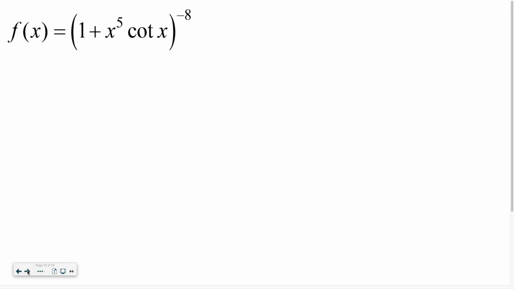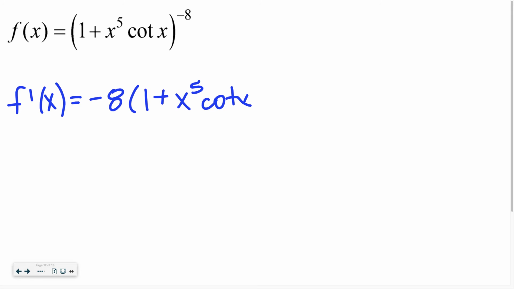Do you see that? X to the fifth times cotangent. So, when we take our derivative, for our chain rule, our outside function is a power, so we will work on our power rule. When I subtract one from the power, what do we get? -9. Okay. Times the derivative of the inside.